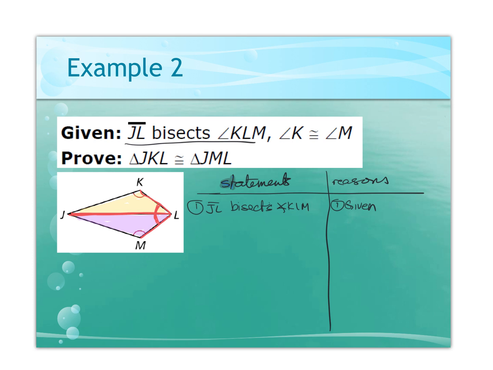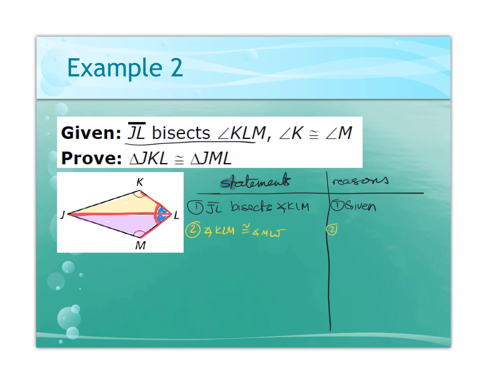Okay, and so if I know that it bisects it, what I then know is that this angle piece right here, this little blue angle, is going to be congruent to this angle. And the reason I know that, let me write it, angle KLM is going to be congruent to angle MLJ.